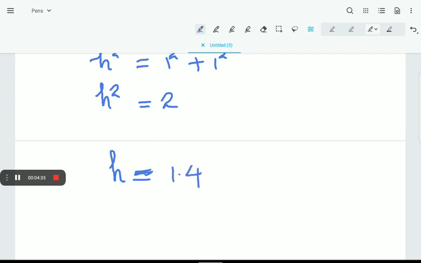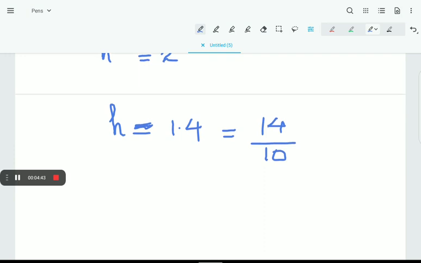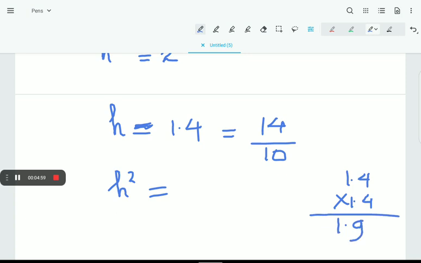So let's try it, that is 14 by 10. If we take h equal to 1.4, that's not the exact value but roughly, then h square will come out to be, if you multiply 1.4 by 1.4, 1.96.